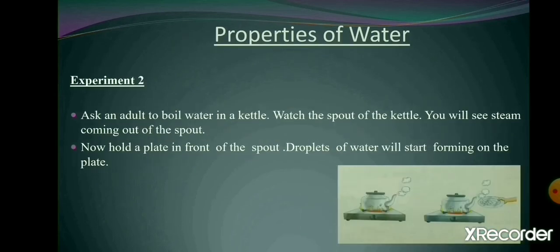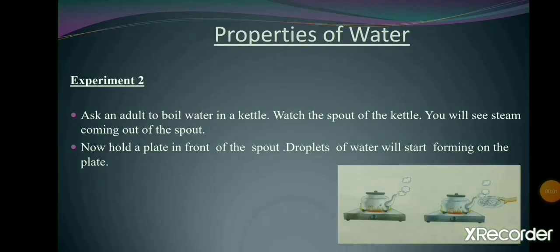Experiment number 2. In this experiment, you have to take the help of any elder member of your family. Tell them to boil water in a kettle. Now, watch the spout of the kettle. You will see steam coming out of the spout. Now hold a plate in front of the spout.